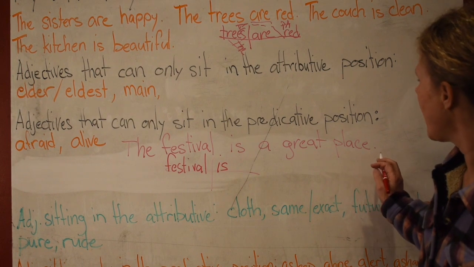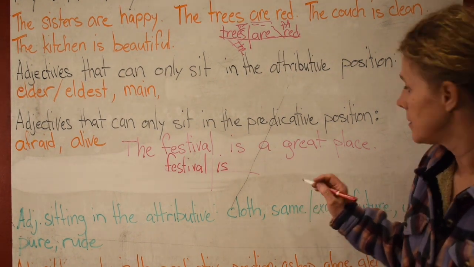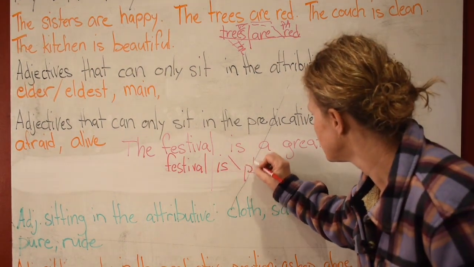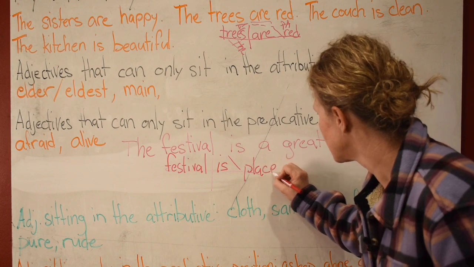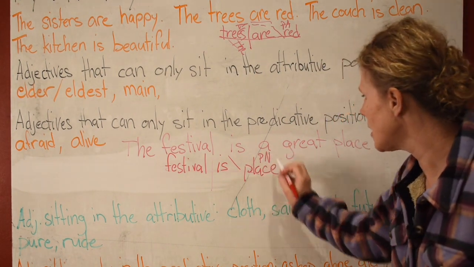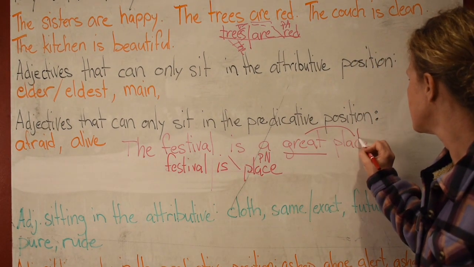So now we have a predicate nominative. This is not an adjective. It's place. So this is a predicate nominative. It's a noun. It's not an adjective. So we have great is describing place.